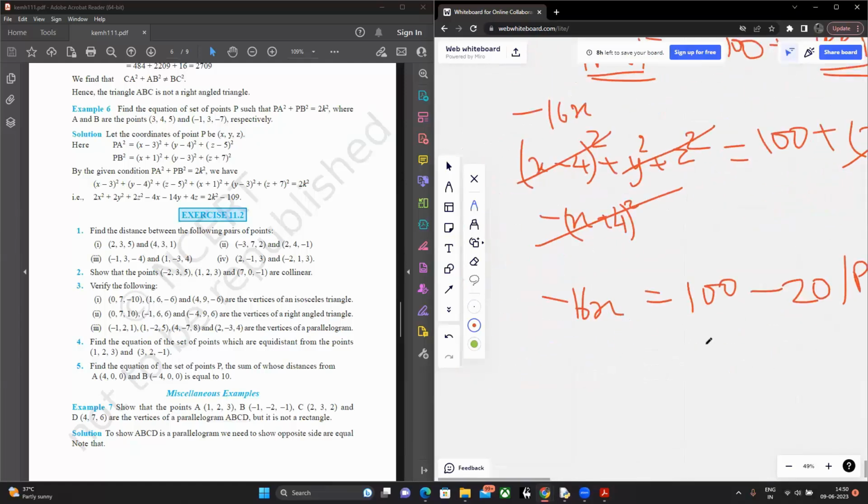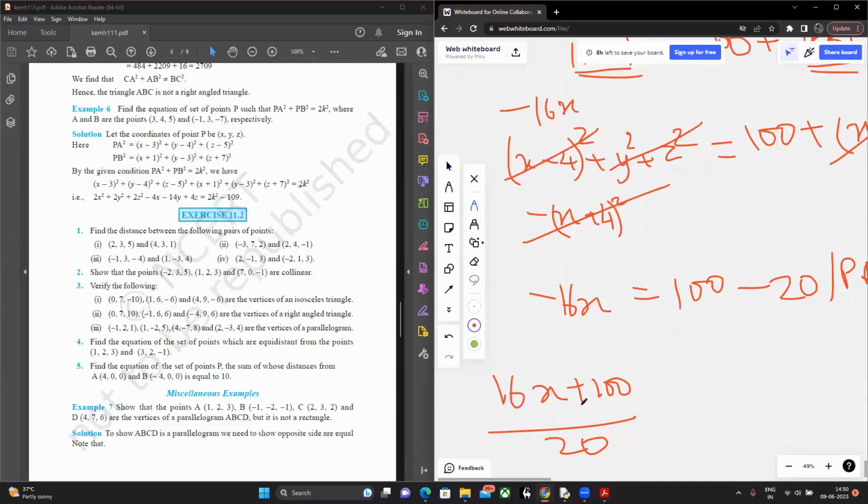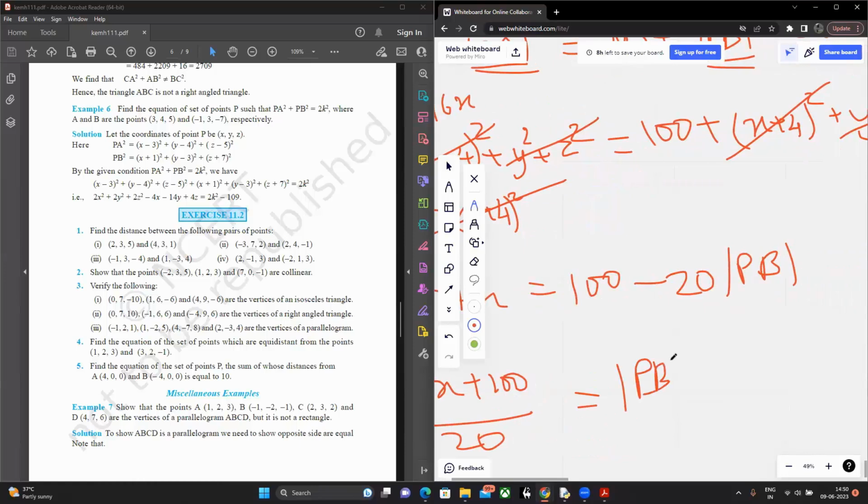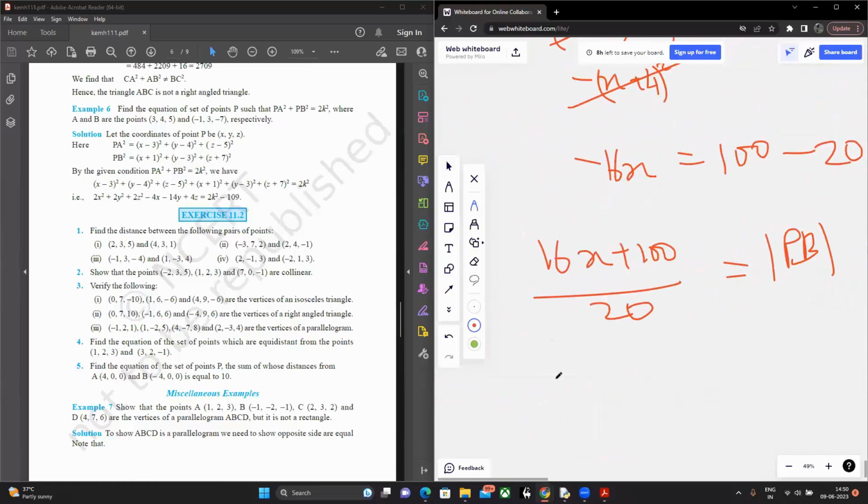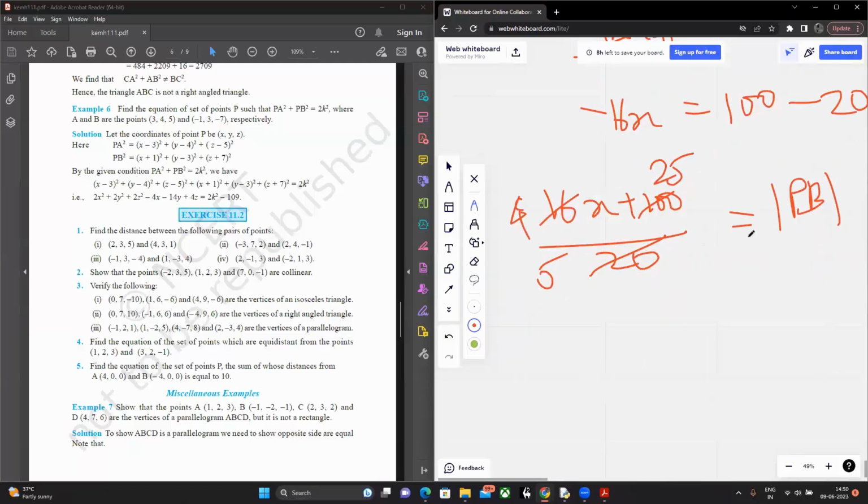All right. Therefore, bring this here, you're going to have 16x plus 100 divided by 20 is equal to mod PB. Right. Square it. First, I'll just drop a 4, right? You're going to be left with 4 over here, 5 over here, and you're going to be left with 25 over here, right? So squaring on both sides, I get divided by 25.